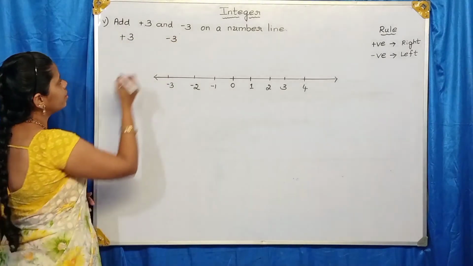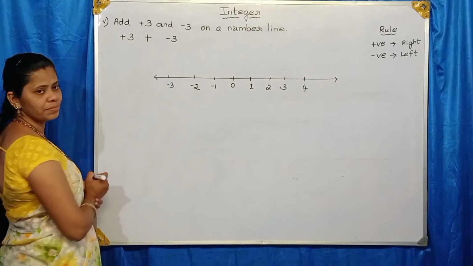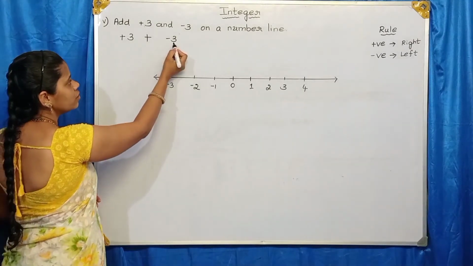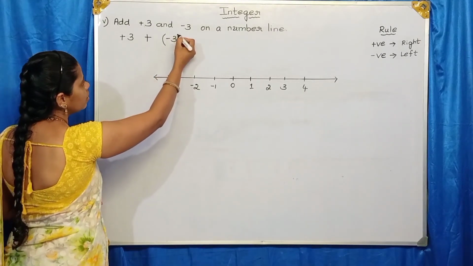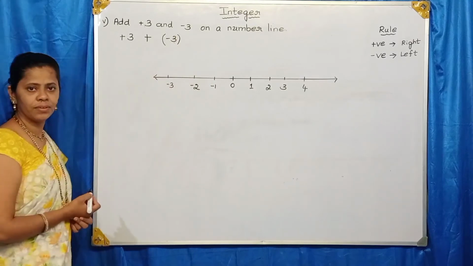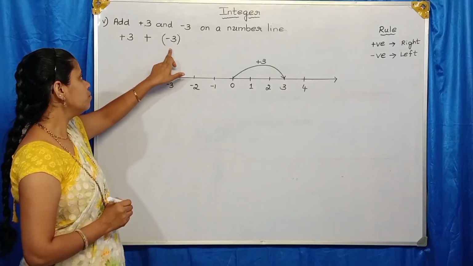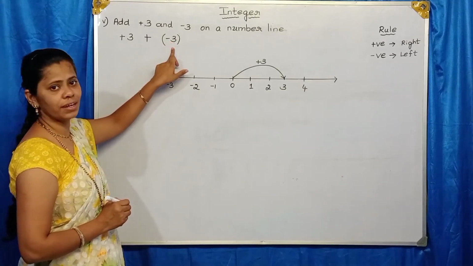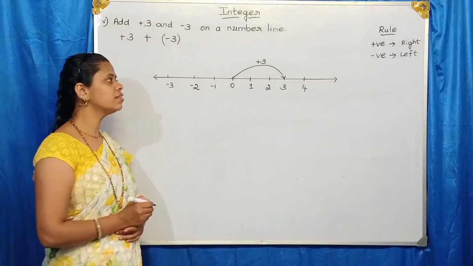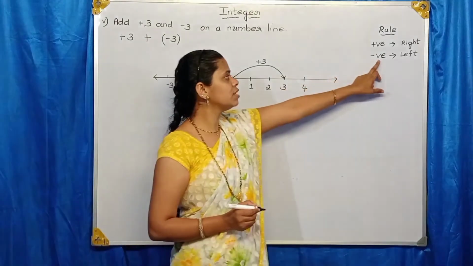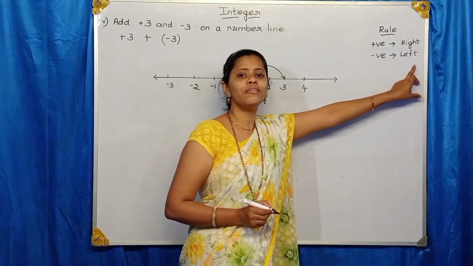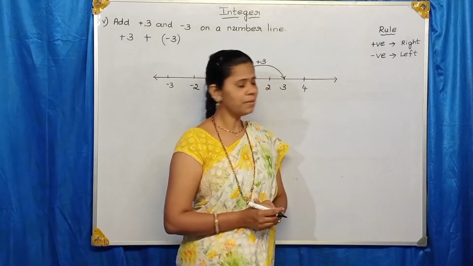We are adding, isn't it? To avoid confusion, this minus 3, I will write it in a bracket. Now, we have to add this minus 3. And what does the rule say? To add a negative integer, we move to the left on a number line, isn't it?